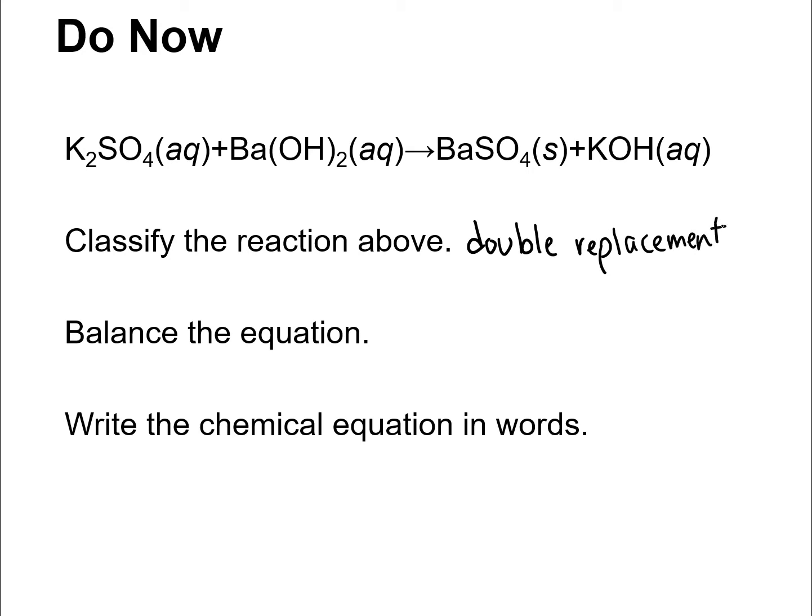This is a double replacement. We're forming some kind of a precipitate as a product, and we've got our ions swapping places here. So the potassium starts off with the sulfate, ends up with the hydroxide, and the barium does the opposite.